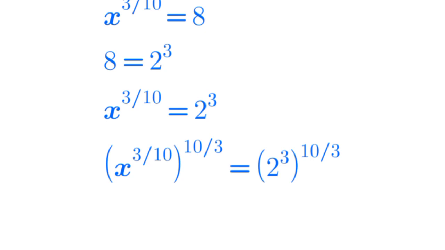So we have x^1 equals, now on the other side, 2 raised to the power of 3 multiplied by 10/3, we have 30/3. And 30/3, that is dividing 30 by 3, will give us 10. So we have our x equals 2^10.